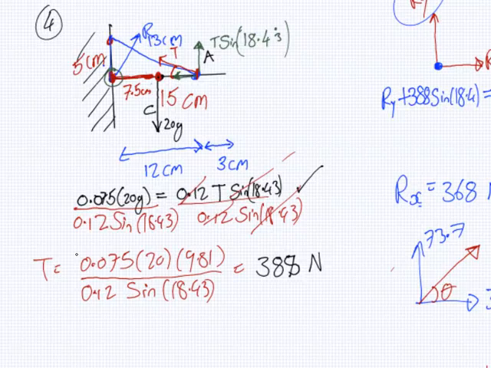I know what happened. This is my fault. I'm so sorry. You are right, and this is my fault. I told you earlier to do tan inverse 5 over 15, and that was my mistake. Thank you for spotting that.